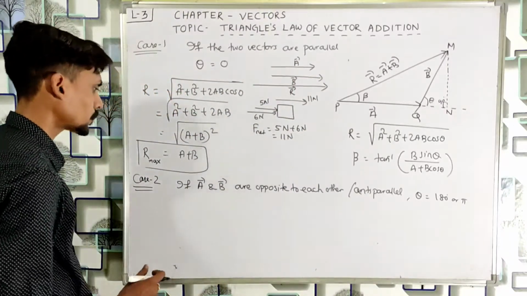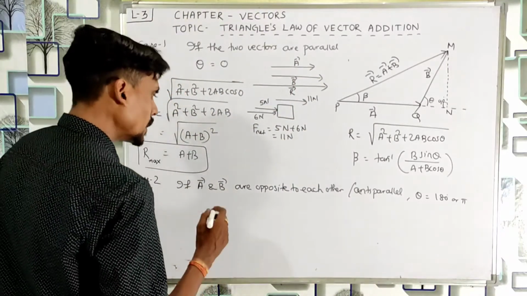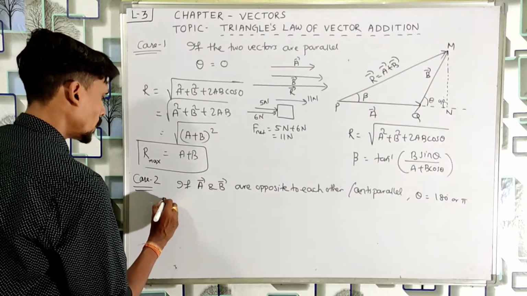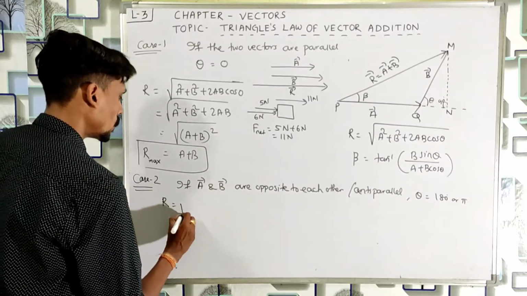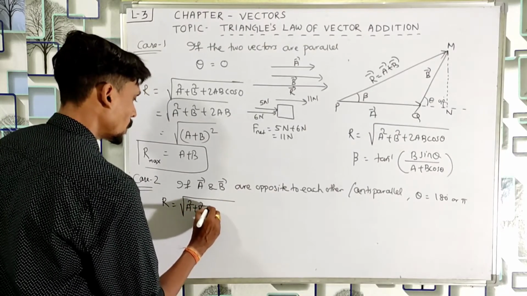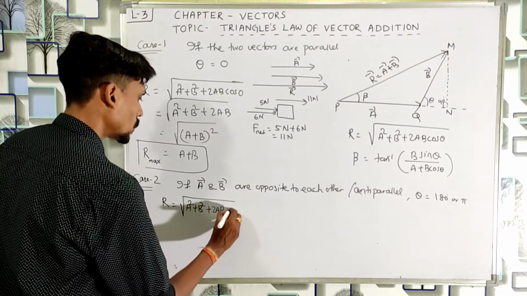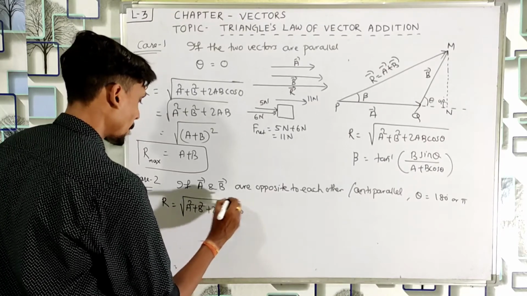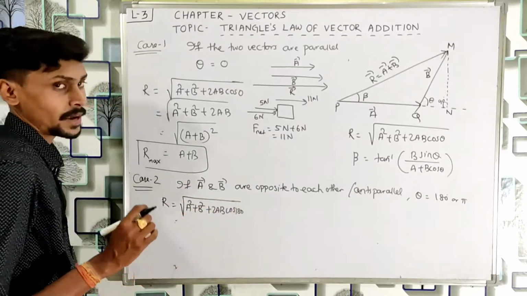Is that clear? So in this case, what will be the value of R? R will be equal to square root of A square plus B square plus 2AB cos 180. And cos 180 is minus 1.